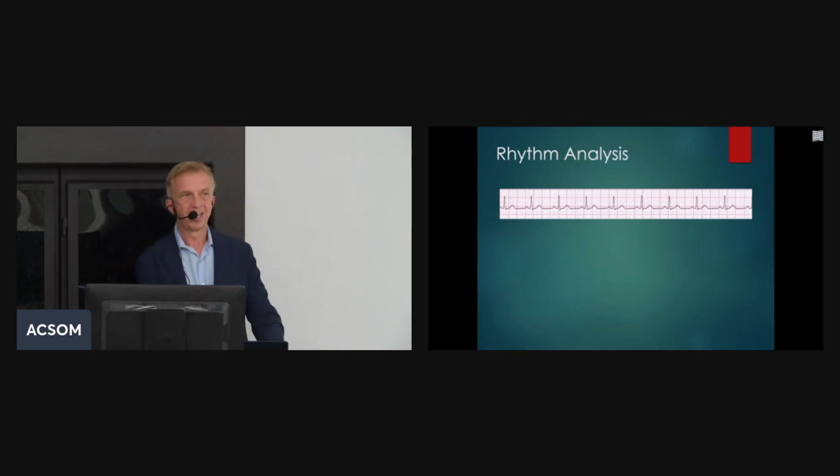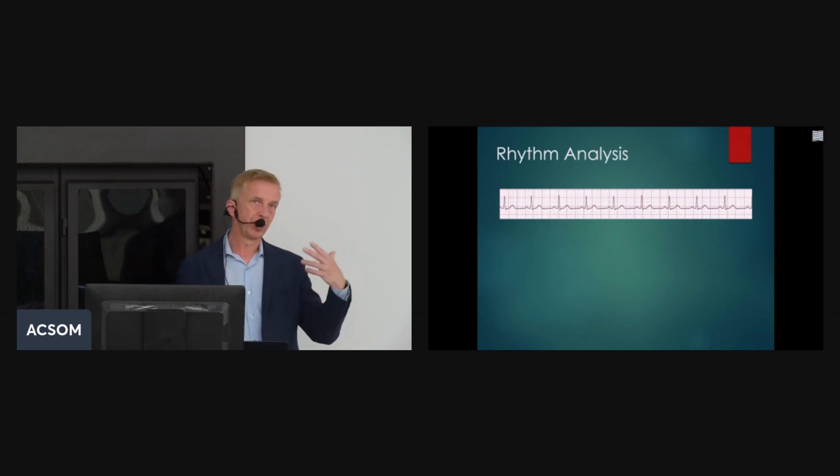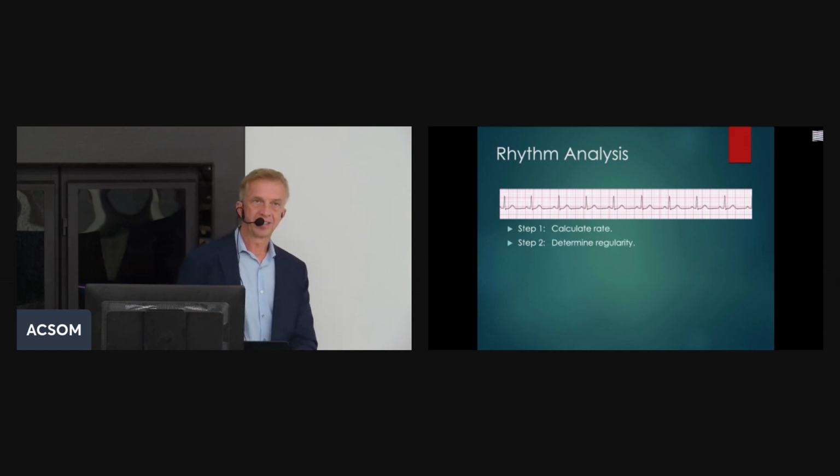So for the rhythm analysis, when you read EKGs, you should always have structure. When you have a structure, you don't miss any important features or pathology on the electrocardiogram. First step, calculate heart rate. The second step is whether the heart rhythm is regular or irregular.